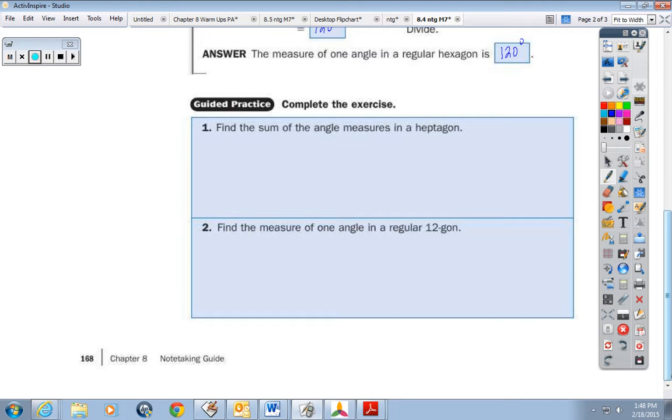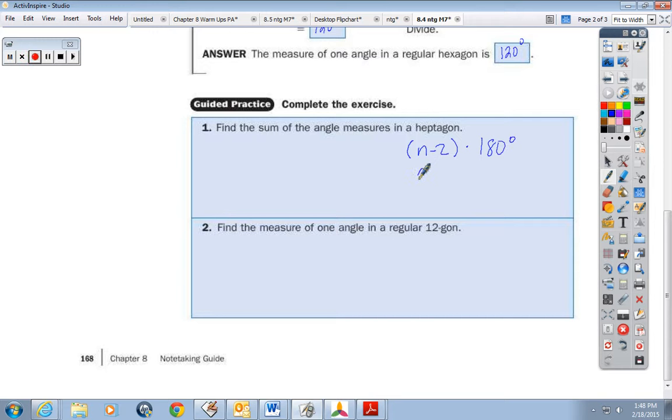So if they're asking me to find the sum of the angles, what number am I going to replace the n with?